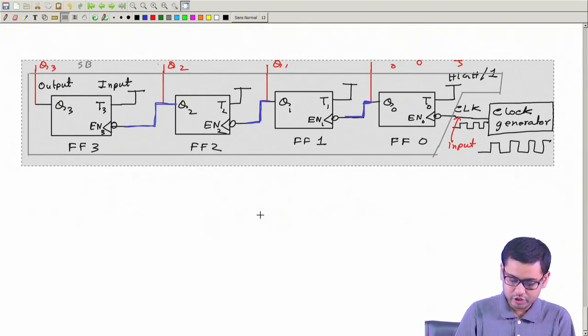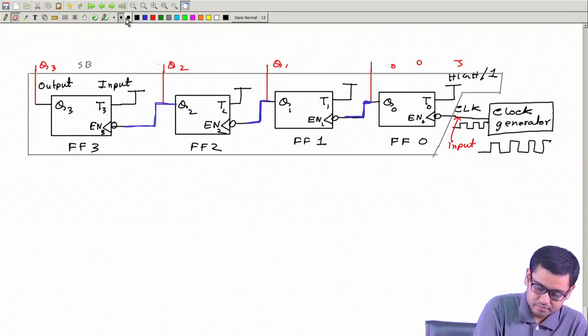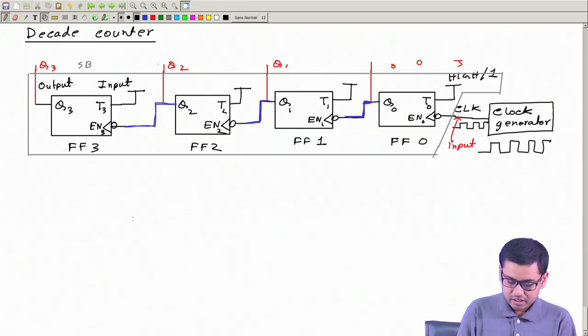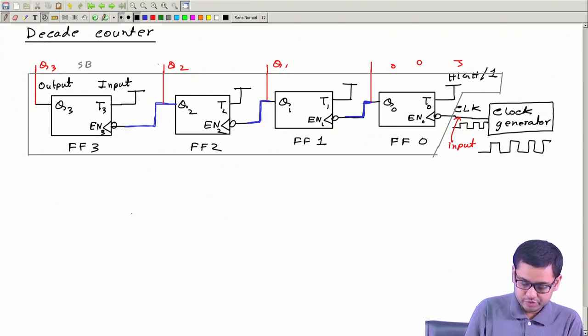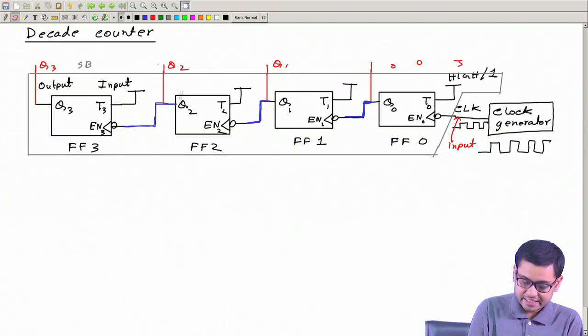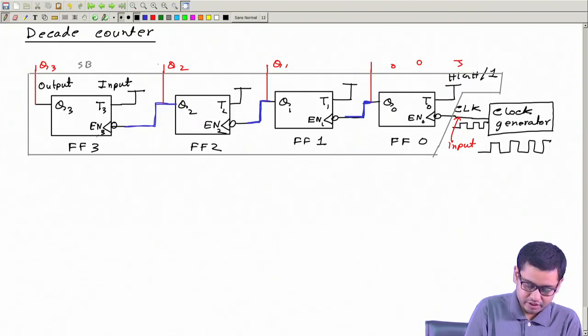Now we are going to make a decade counter. What we will do is use T flip-flops which have the reset function also, so each will have another input.